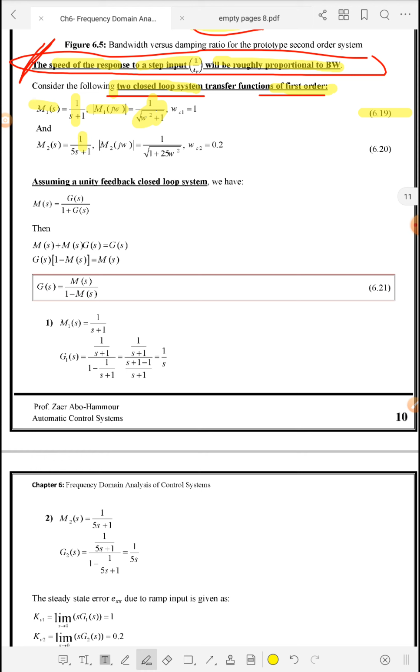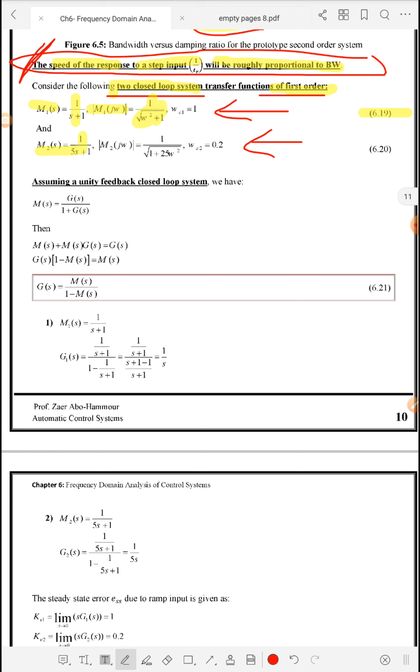We have another closed loop transfer function, M2, which has a pole at S equal to -0.2. So it's also stable. If we compare both of them, the first one has its pole at S equal to -1, while the second first order system has a pole at -0.2.